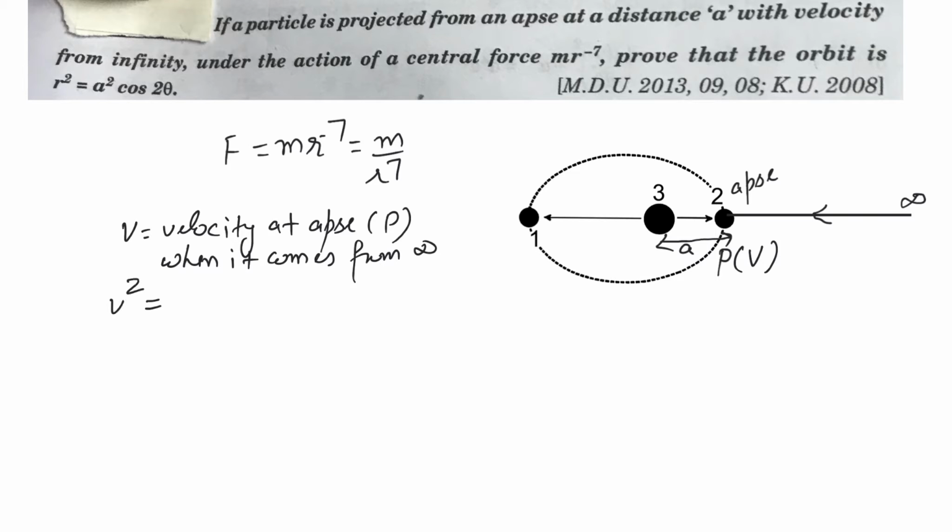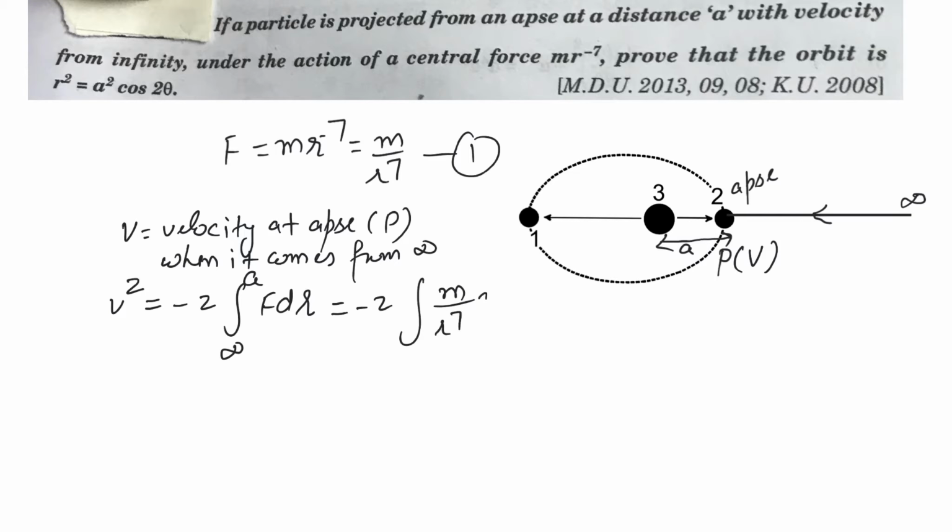So this is the velocity at P from infinity, and we know that the formula for velocity from infinity is given by V squared equals minus 2 times the integral from infinity to a of F dr, which we have derived in the previous video lecture. So I am going to put the value of F from equation 1: m by r raised to the power 7 dr. m is a constant quantity, so it will be independent of integration, and for r raised to the power minus 7, integration will give minus 7 plus 1.